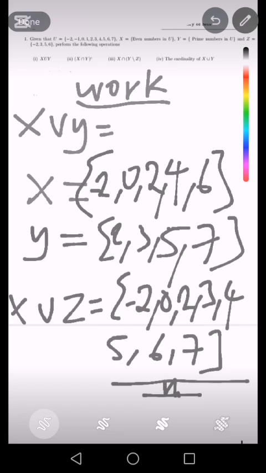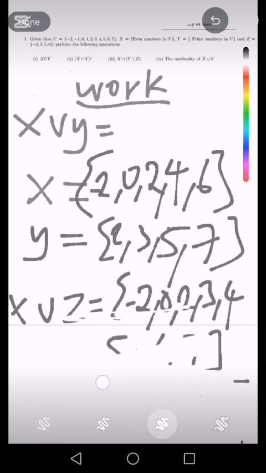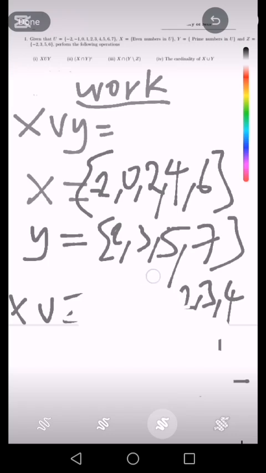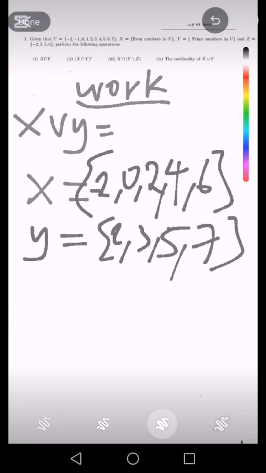We use the two sets which we have listed, x and y.